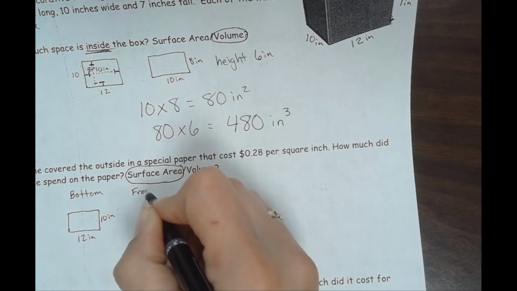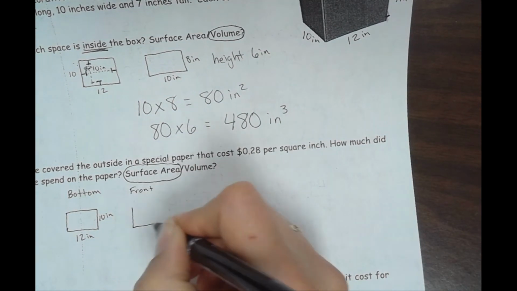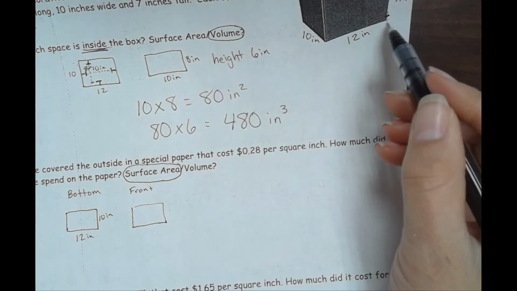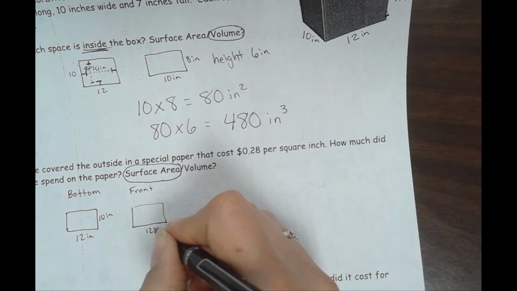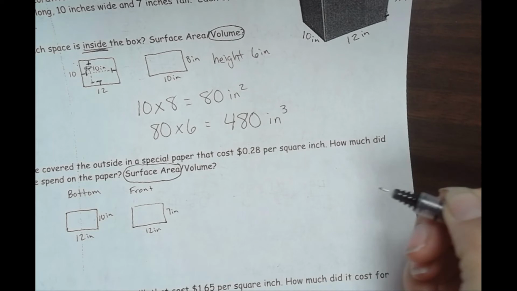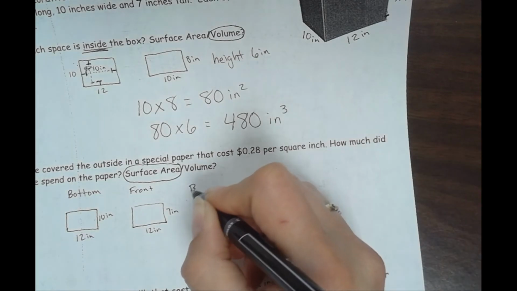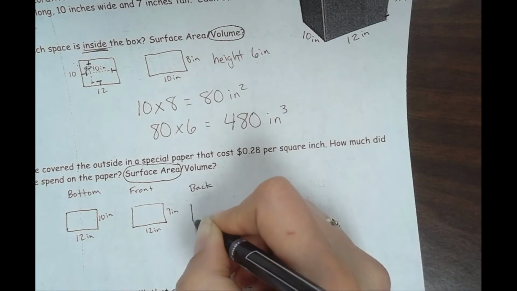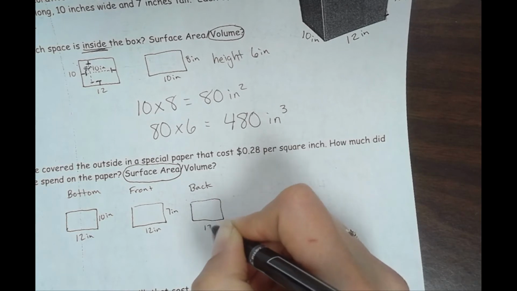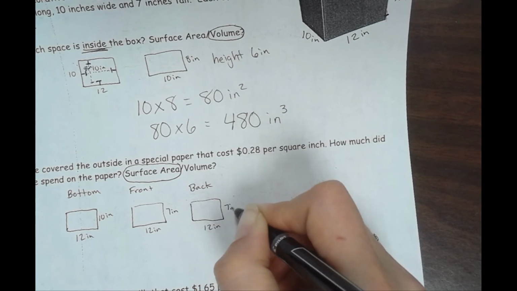Front, which is going to be another rectangle, that is 12 by 7. The back side will be the same, 12 inches by 7 inches.